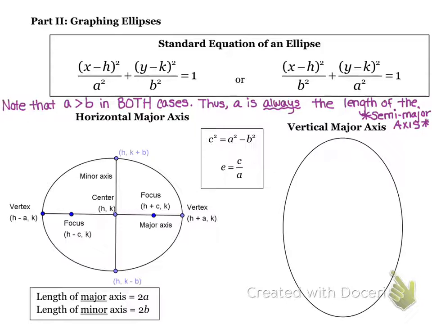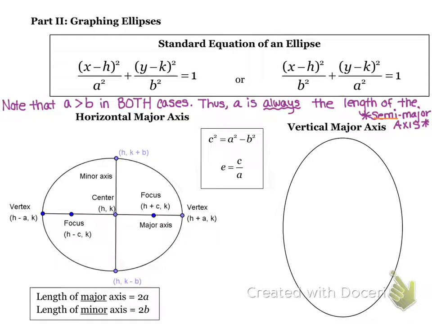Now, a couple of things to point out is it's the length of the semi-major axis, and the fact that it says major axis. Okay, so what does this mean? Right here in this box, we have c squared equals a squared minus b squared, and e equals c over a.